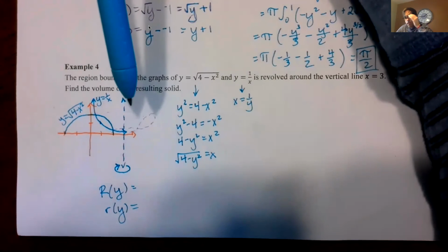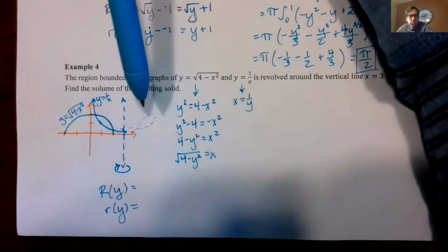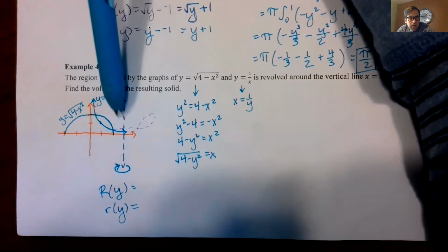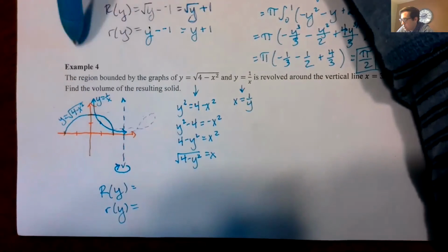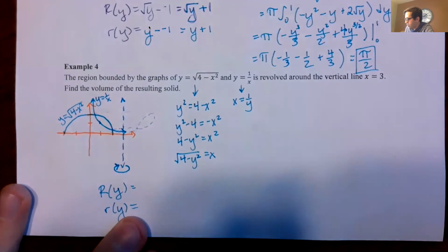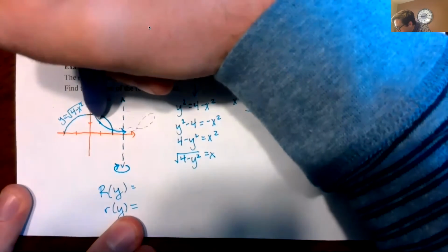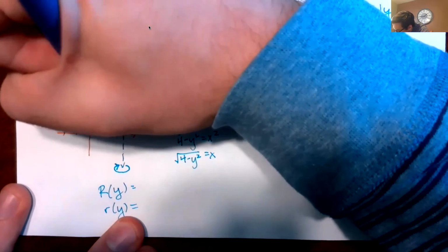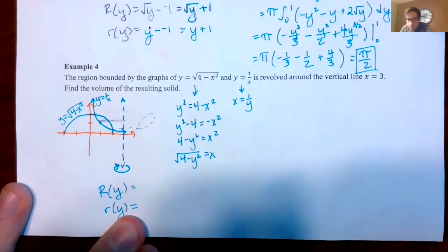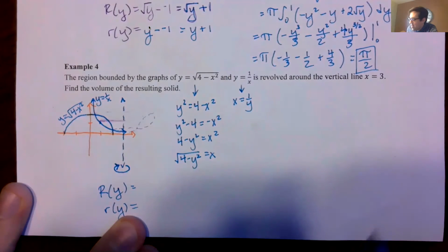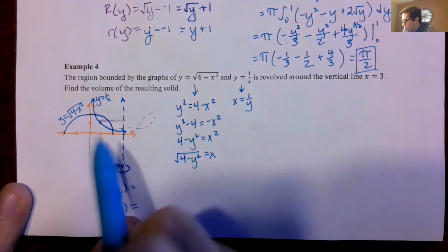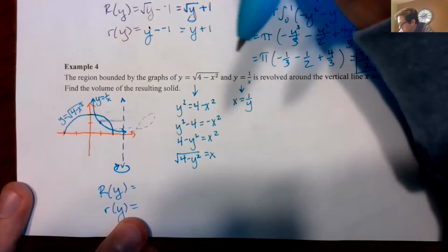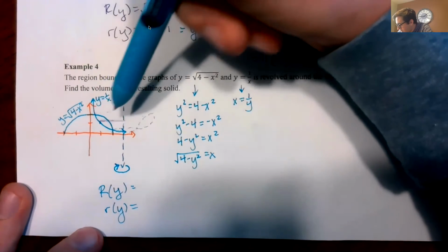Okay, so this is interesting because our axis of revolution is to the right of our region. So we've got our outer radius, which goes from here to here, which you can barely see. I need to get new pens, but I don't want to clog this up by writing everything in the same color.